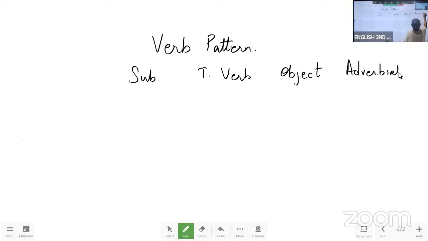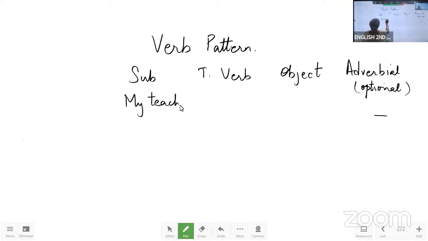Again, this is also optional. When there is a word called optional, you can leave it blank. You can just write a blank. Like, subject: my teacher. Verb: remembers.